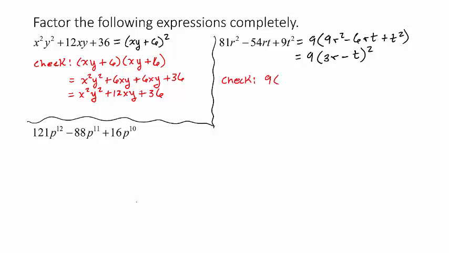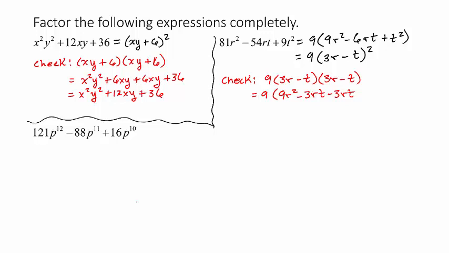So we've got 9 times 3r minus t times 3r minus t, right? I'm going to expand it here just to make sure we did this right. So leave the 9 alone. I'm going to FOIL this out, right? 3r times 3r is 9r squared. 3r times negative t is minus 3rt. Negative t times 3r is minus 3rt.